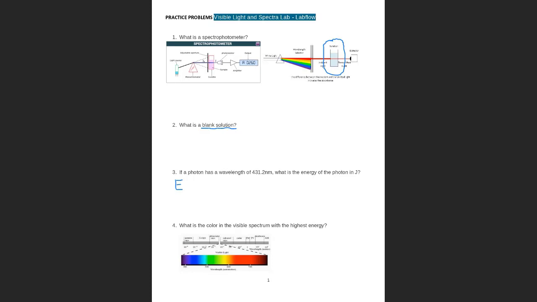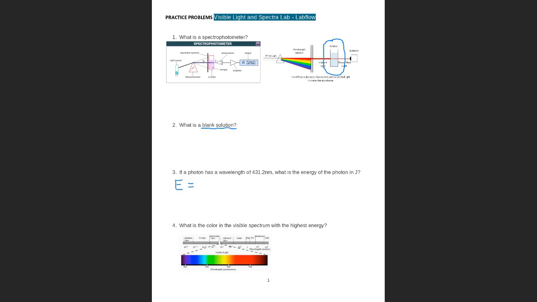And according to Einstein, the energy in a light packet depends on the frequency of the light.